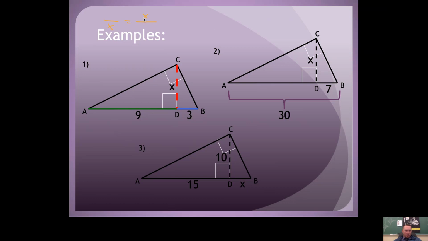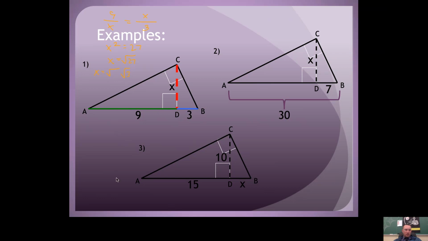That's my unknown. It's the geometric mean of the two pieces of the hypotenuse, the 9 and the 3. So you cross multiply here and you get x squared equals 27. So x is the square root of 27. That needs simplified, remember.